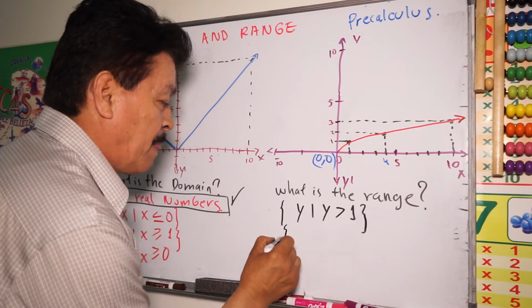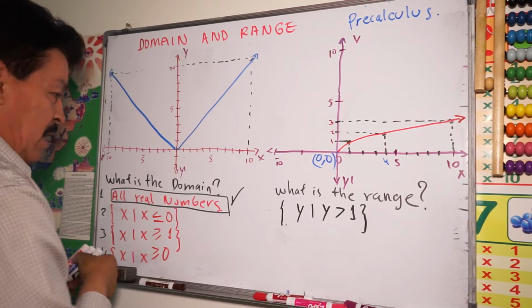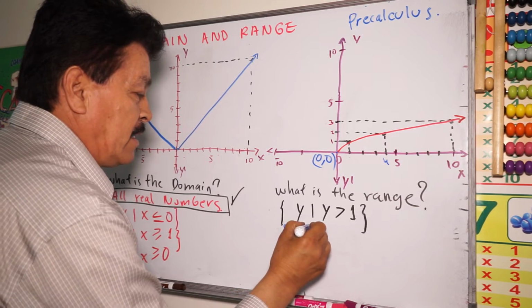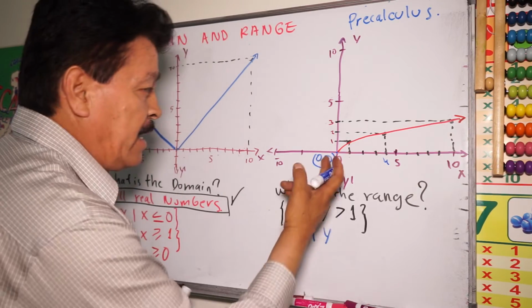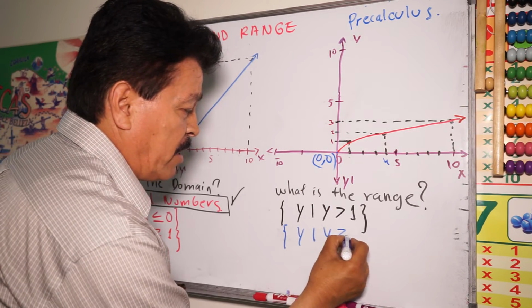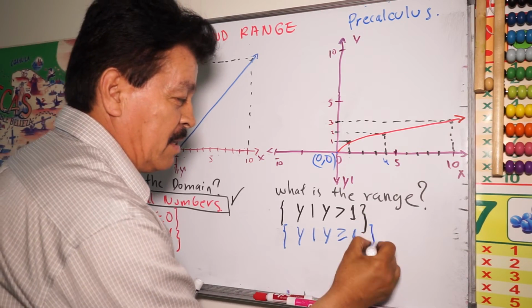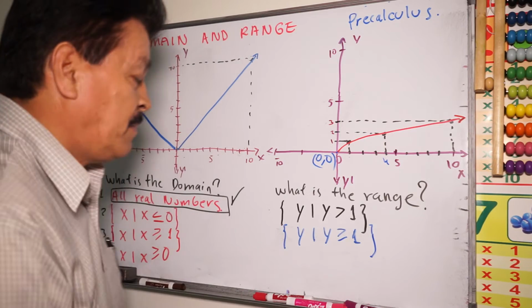Another one could be, let me use a different color because we don't have enough space here, y such that y is greater than or equal to 1.